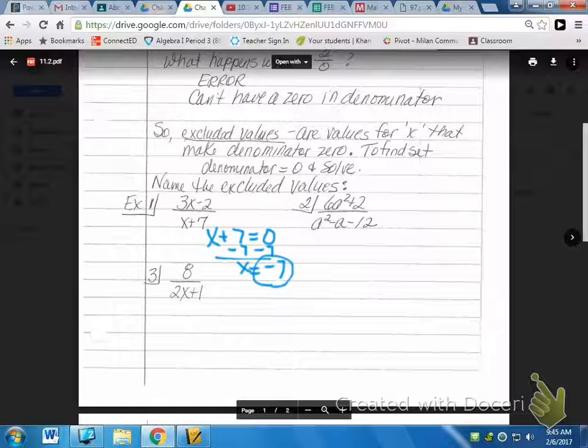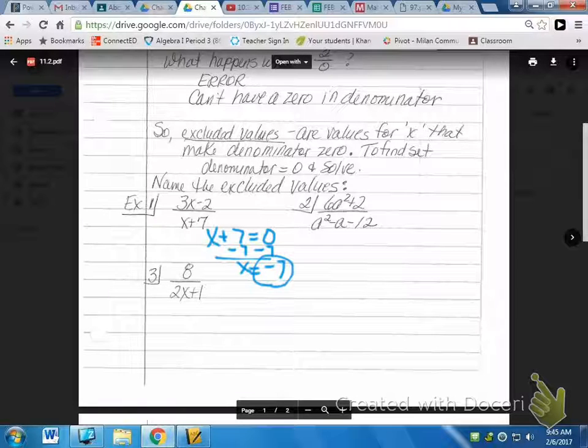All right, number 2, a little more complicated. 6a squared plus 2 over a squared minus a minus 12. Ben, do you have a question? Yeah, but we have to write x cannot be 7. You're going to write that x is not equal to negative 7.